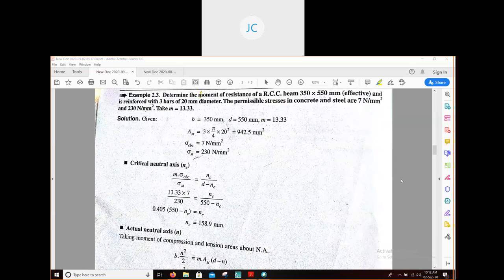Bemishal Debbarma. Sir, NC is 117.2. NC is how much? 117.2. Okay, then you find out the value of NA, the actual neutral axis. You complete the problem and tell me the answer for the moment of resistance.